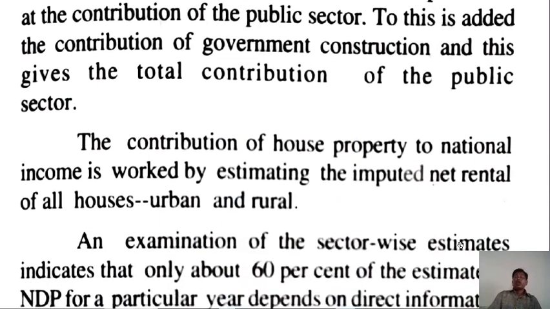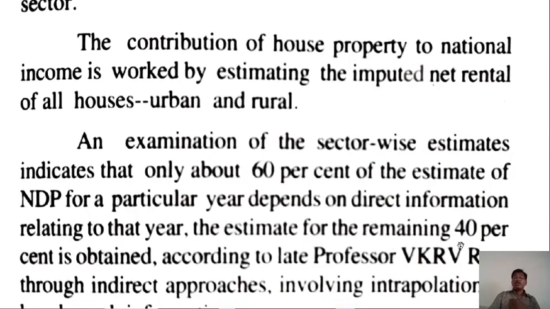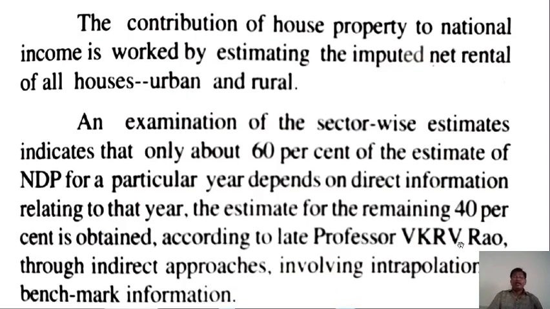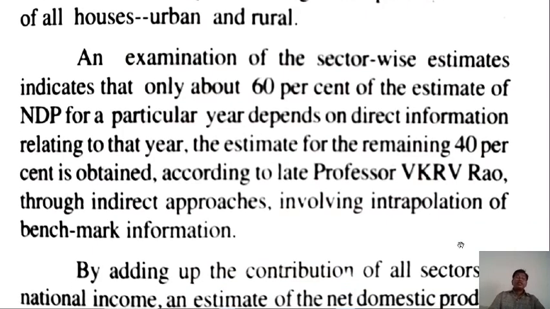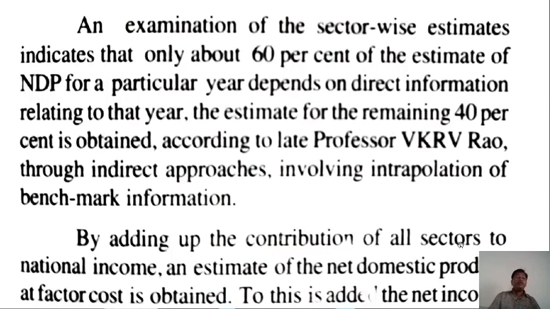The contribution of house property to national income is worked out by estimating the imputed net rental of all houses, urban and rural. An examination of the sector-wise estimates indicates that only about 60% of the estimate of the NDP for a particular year depends on direct information relating to that year.